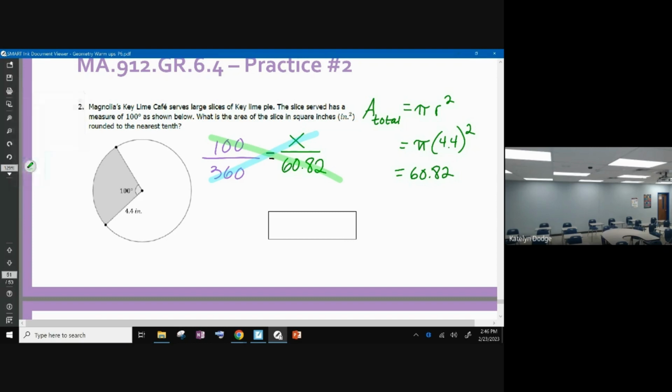All we have to remember is piece over whole, and the rest is really easy. So we have 360x equals, if I multiply this by 100, 6,082. And then I just need to divide both sides.